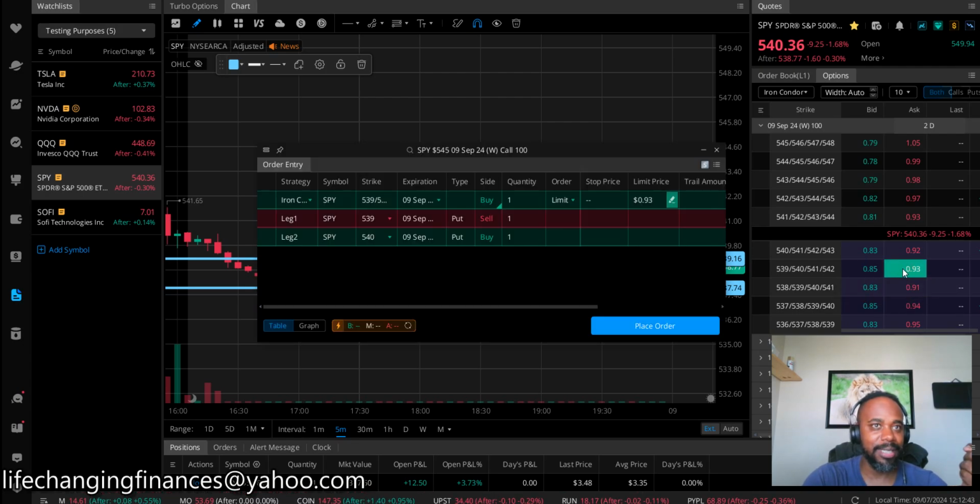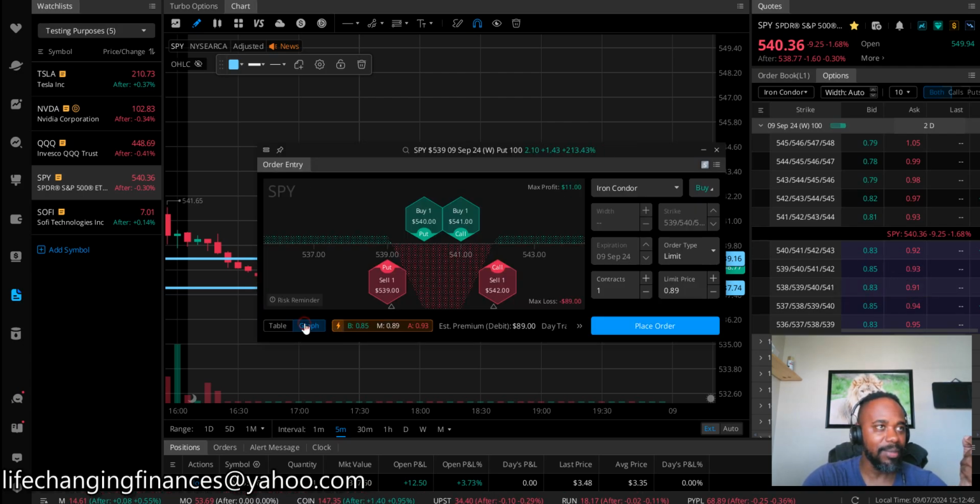And so if I did a buy, for example, and you look at the graph, essentially what this is saying is, if the stock goes outside of this range, then I'm going to collect $11. If it stays within this range, I could potentially lose $89.